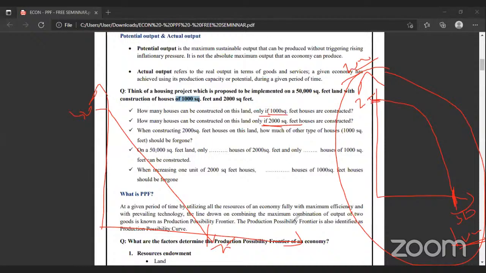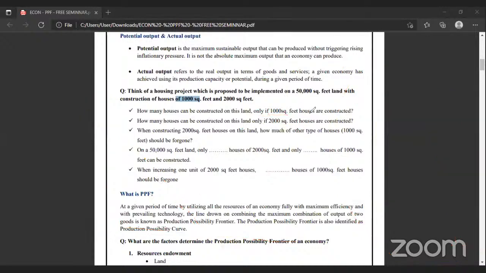They will ask you to draw the increasing opportunity cost curve or whatever it is. If they don't give any information, you can draw it increasing or the straight line, linear, constant opportunity cost, because you don't know exactly whether constant or not. You only know the two maximum outputs. Perfect. I hope you all understand.